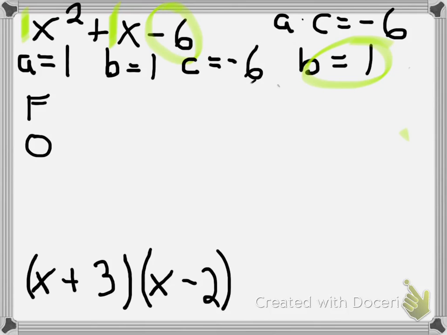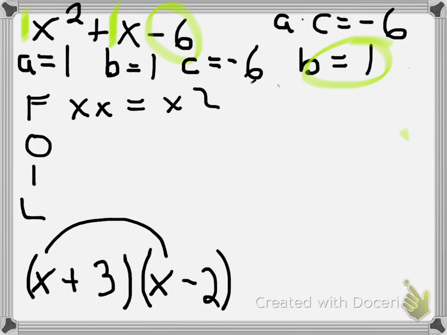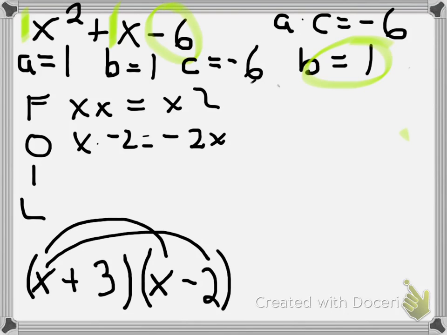First, outside, inside, last. So I want to check the first. There's your F. X times X is X squared. Then I'm going to check the outside. So I'm going to go X times negative 2, which is normally written negative 2X.